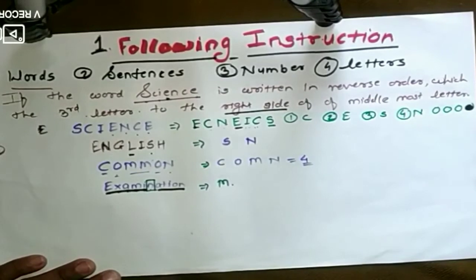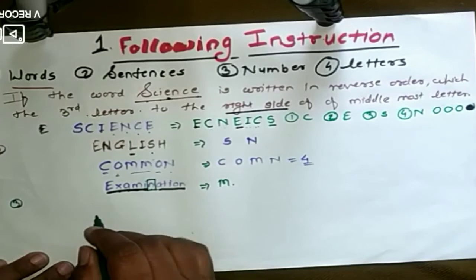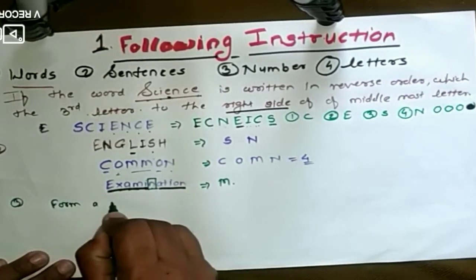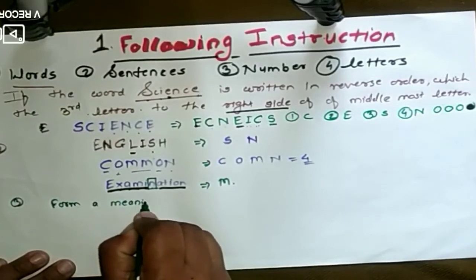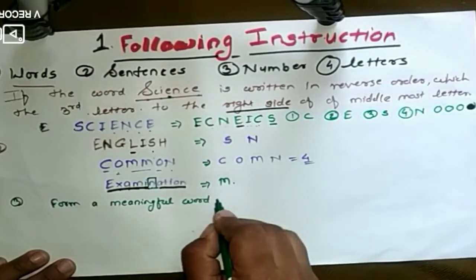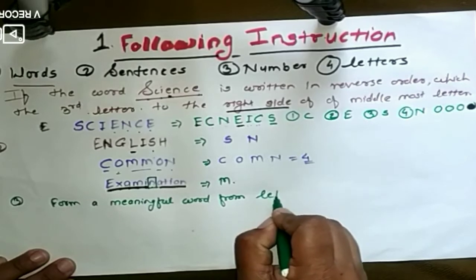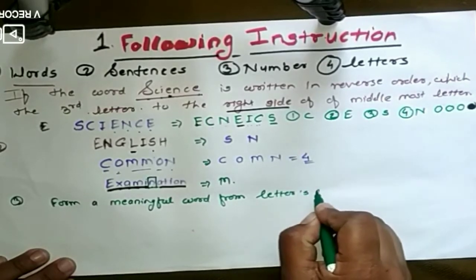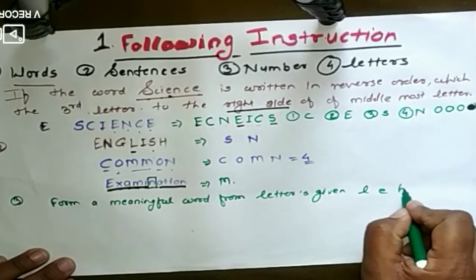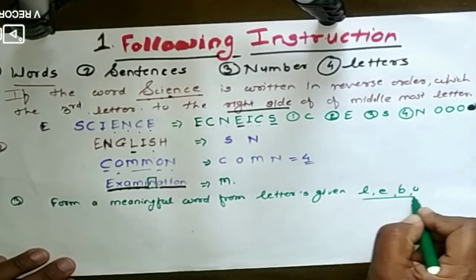Suppose sometimes they are giving some letters. The next question is: form a meaningful word from the letters given. L, E, B, U. These are the letters, and from this we have to make one word.